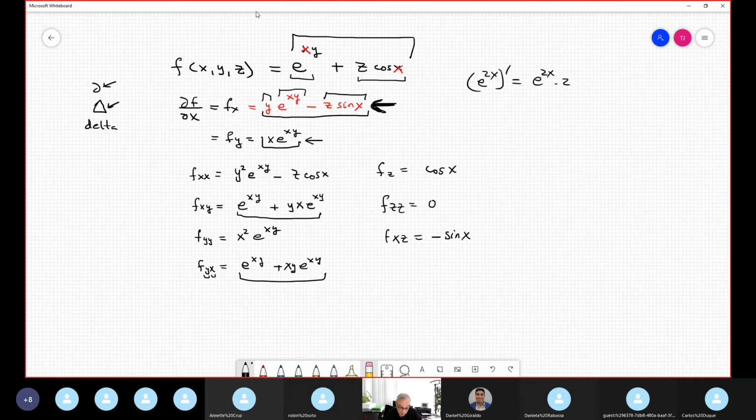Wow. Now suppose that you differentiate in that order, y and z. Y first, get this. And I differentiate this with respect to z. No, we have no z, it's 0. That's it. Yeah. One more combination. That's it.